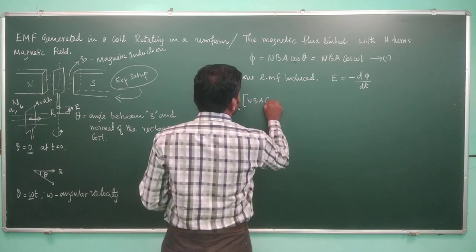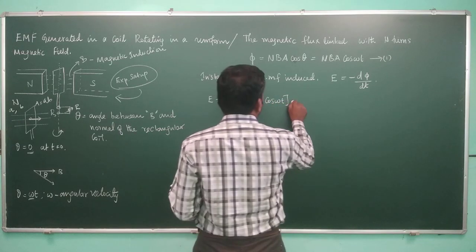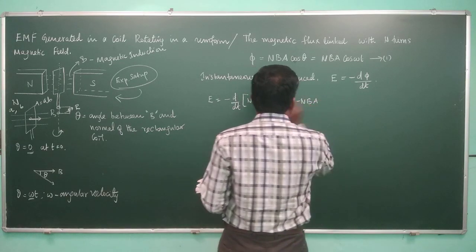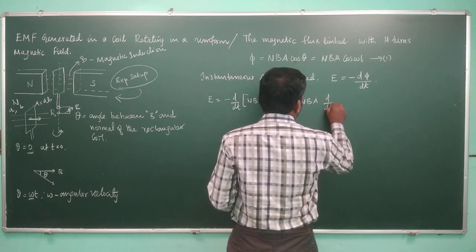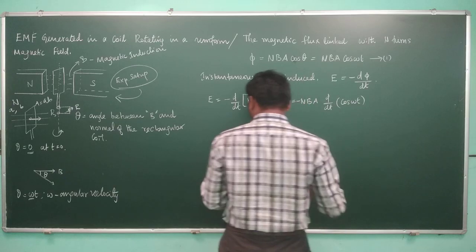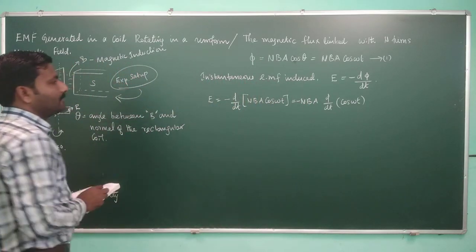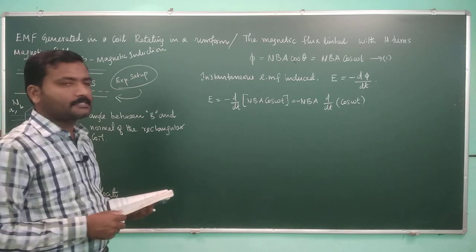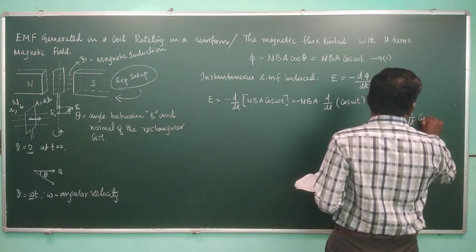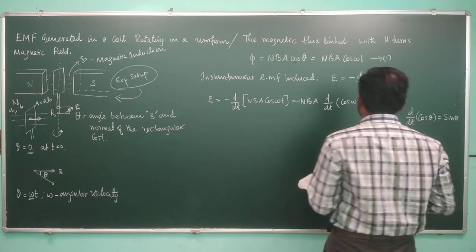which you can write as NBA cos omega t, where NBA are all constant, so we have minus NBA d by dt of cos omega t. And the differentiation of cos theta is equal to minus sin theta.